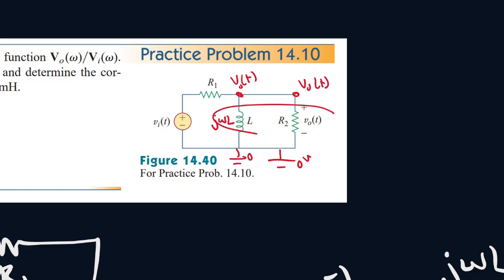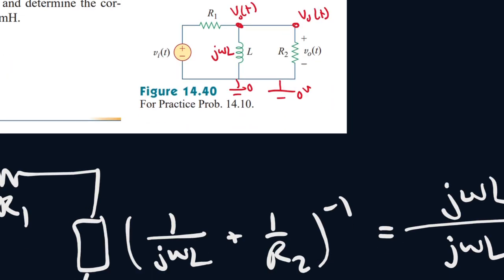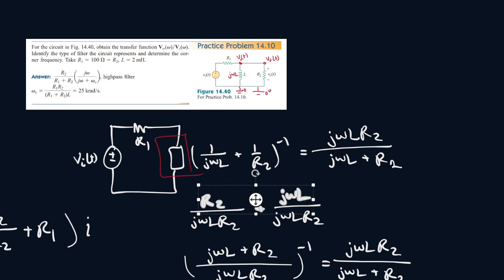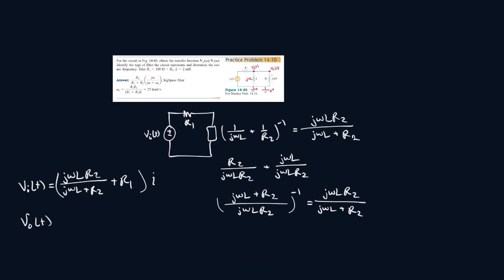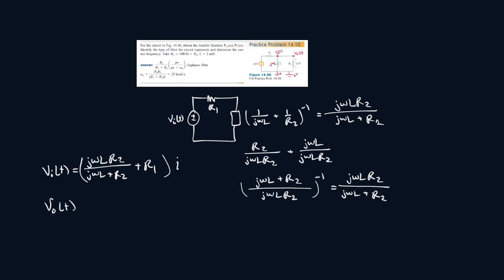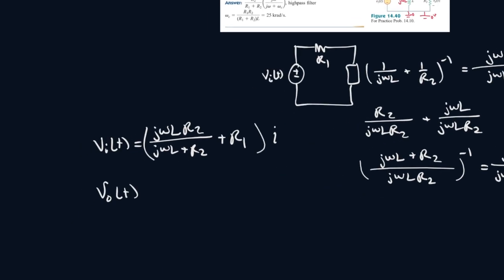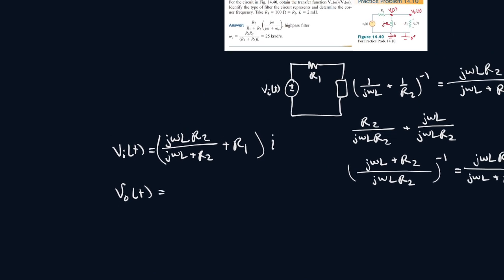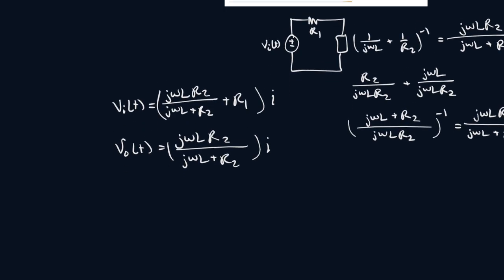If you were to combine these two, the load here would still be VO of t. So VO of t will be the impedance times the current passing through the load. It'll just be JWL R2 all over JWL plus R2 times I. Okay, so that's pretty much done.